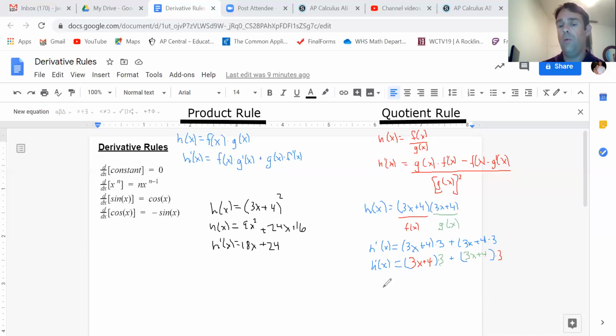So, when we clean this whole thing up here, I have 9x plus 12 plus 9x plus 12.